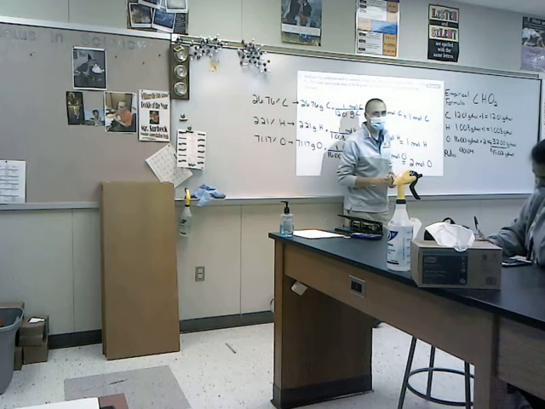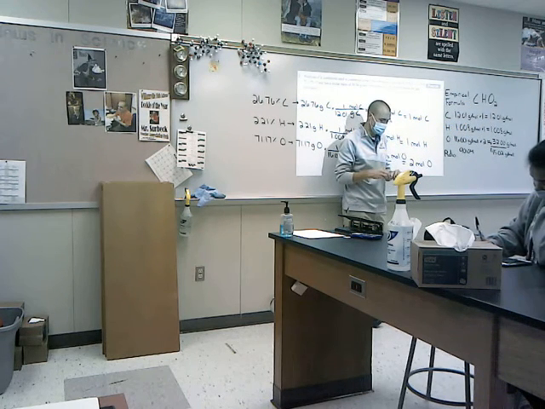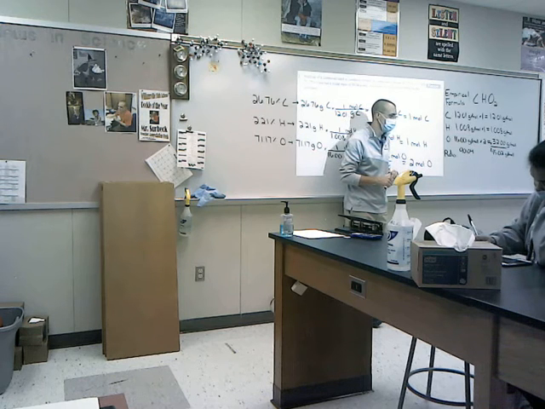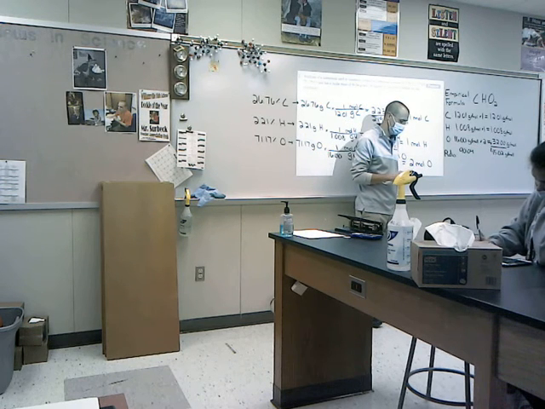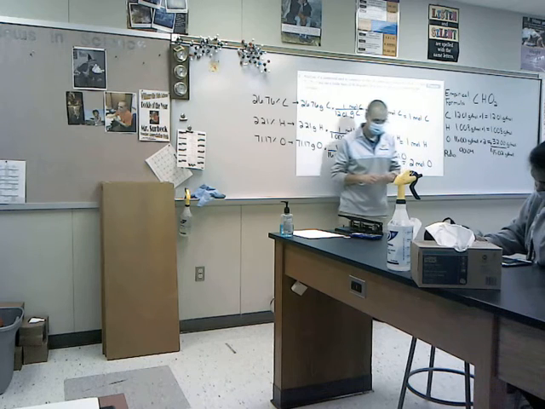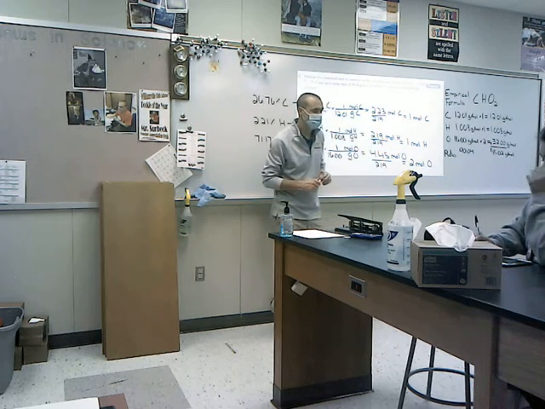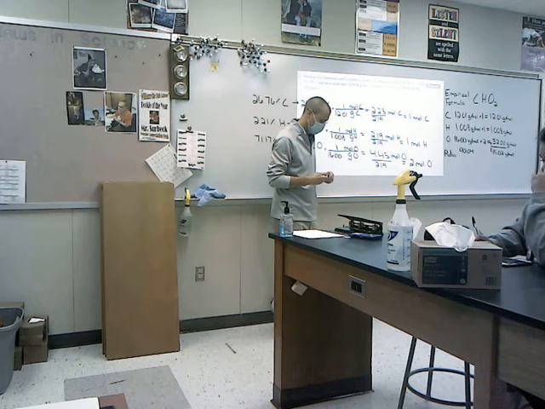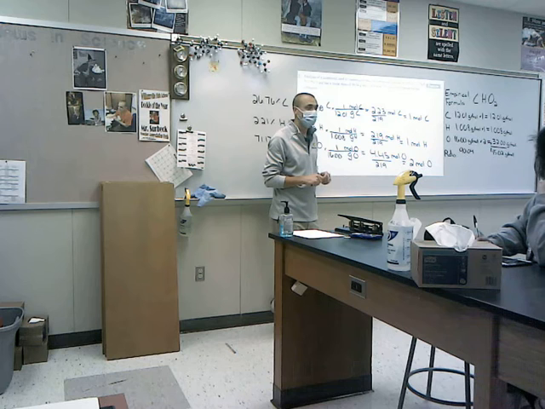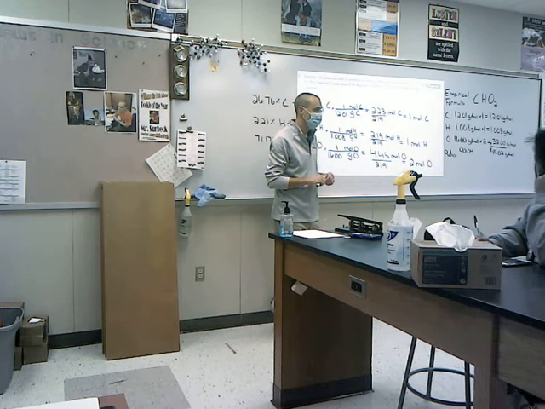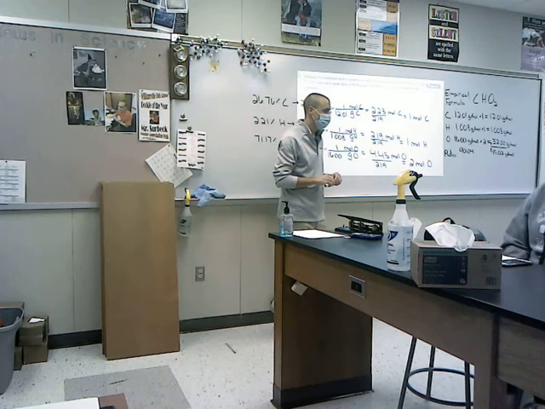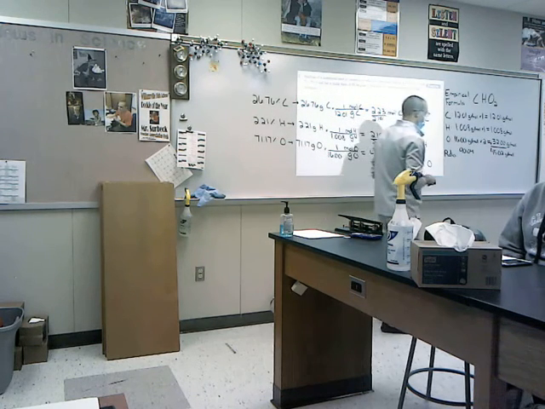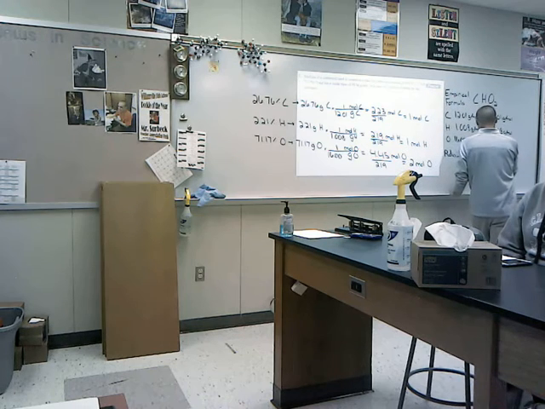Pardon the interruption, please, but if I could have everyone's attention just for a couple of minutes. Students, first of all, I'd like to say thank you for following the arrows in the hallway. I've been out and about, and you guys are doing awesome. I really, really appreciate that. Please keep that up. When we start lunch in just a few minutes, what you will do is report to your lunch zone. I sent an email out the end of last week or the beginning of this week. You should have received it. If you have not looked at that, you need to, but you are assigned to a specific lunch zone.